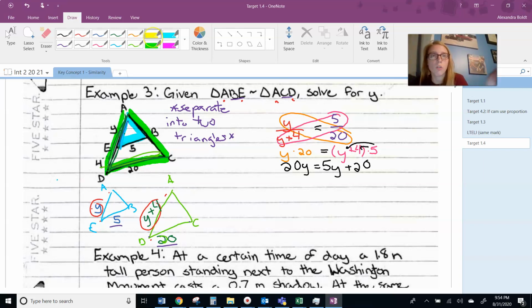So now again, we're solving for y, but y is in 2 places. We did some of these in target 1.1. When y is in 2 places, we subtract that whole term from both sides. A lot of you don't write the y here. It is proper notation and proper math to subtract that whole term.